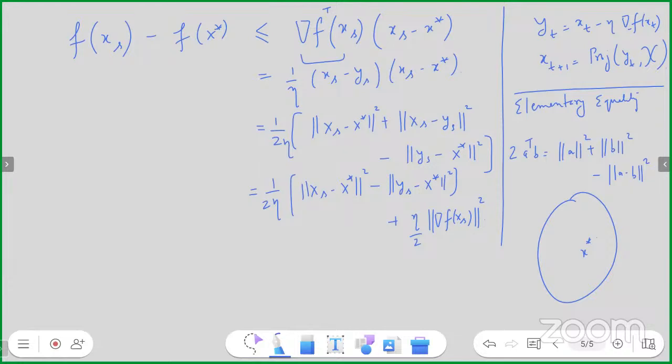Which one is shorter? Is everybody with that? So yt lies somewhere. Either the projection is identical, in which case the distance is the same, or yt is here, while xt plus 1 is here. So the distance from xt plus 1 to x star is smaller than the distance from yt to x star. Can we use that somehow?